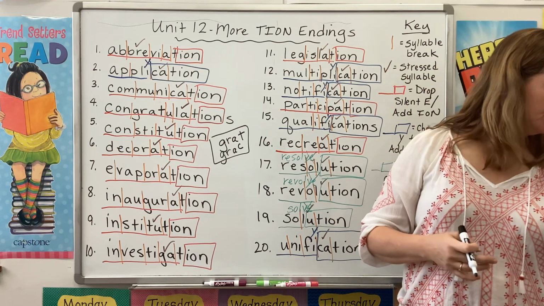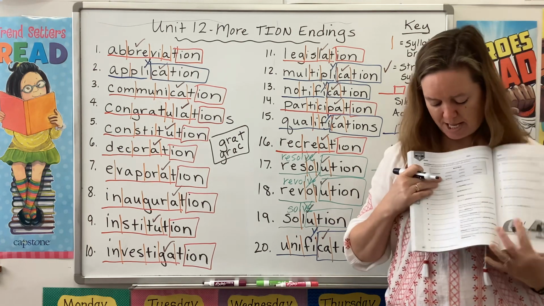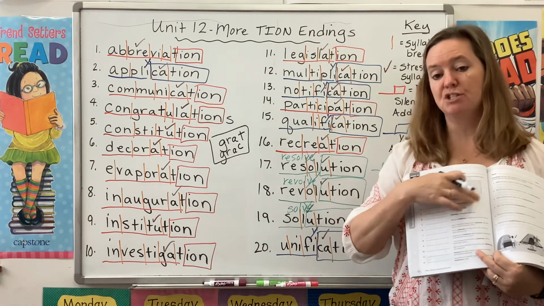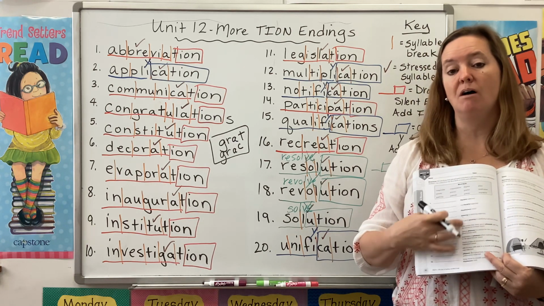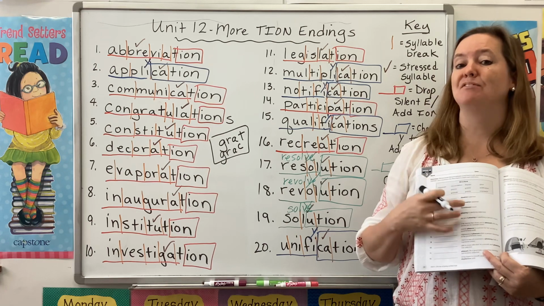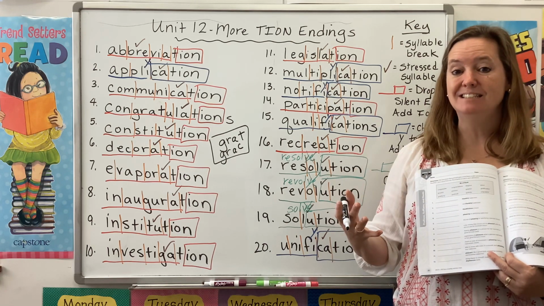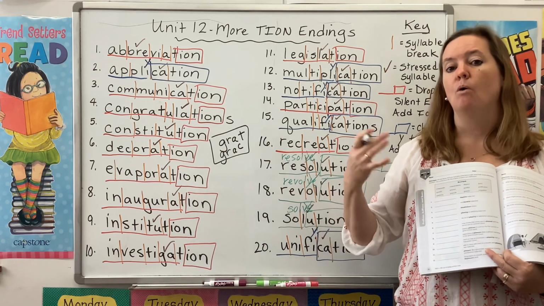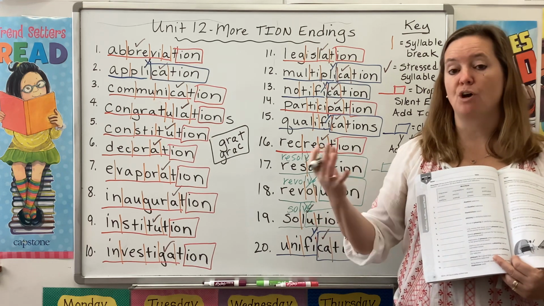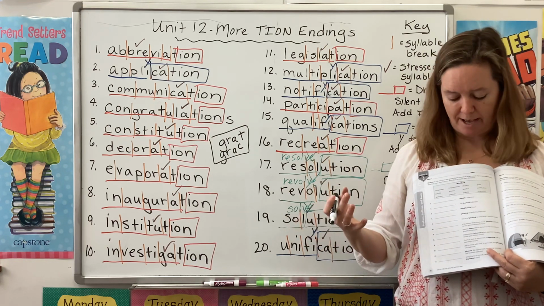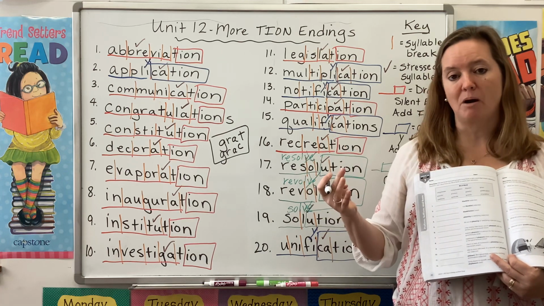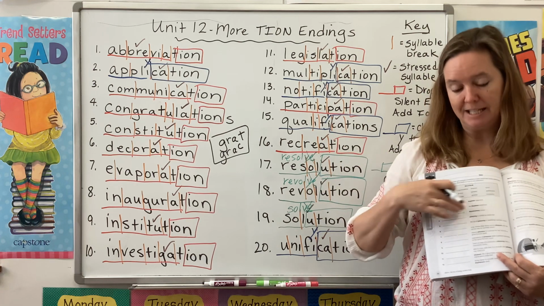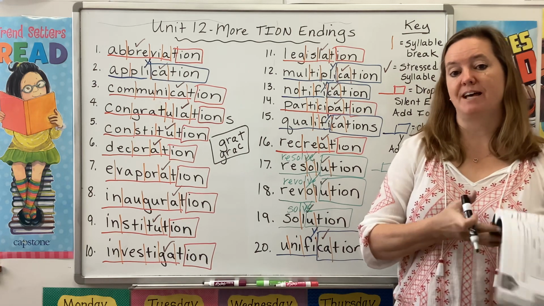Okay, so when you get to page 80, you're going to see a bunch of words in the box and then a bunch of definitions. All of these definitions have something to do with being pleased or giving pleasure or being grateful or showing gratitude. Okay, so use your knowledge of prefixes and suffixes and parts of speech to match each of these words with their definitions.